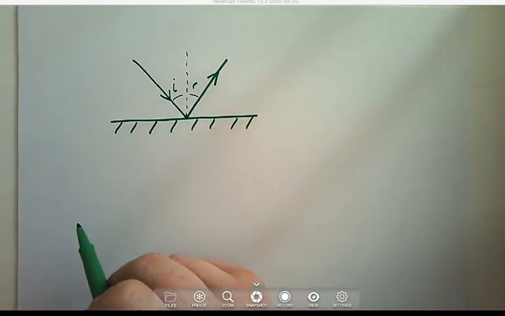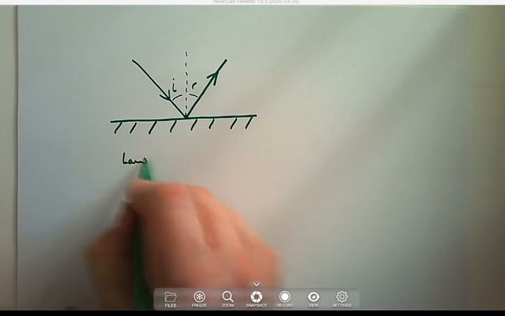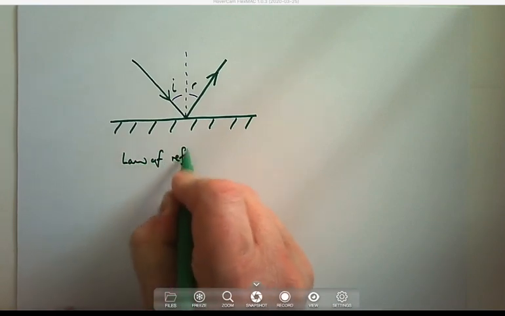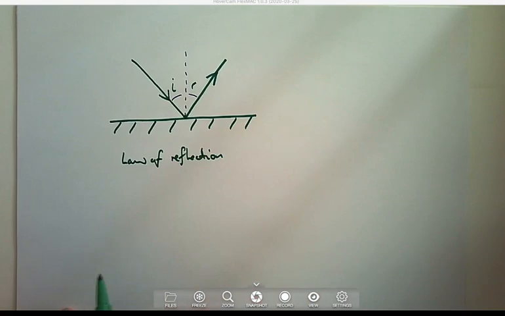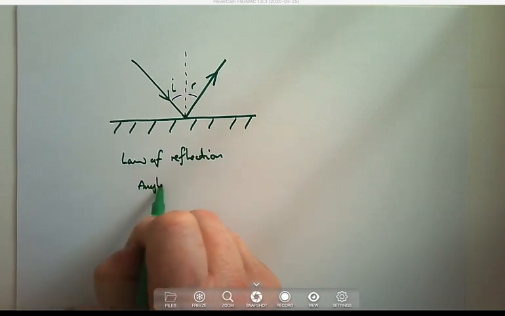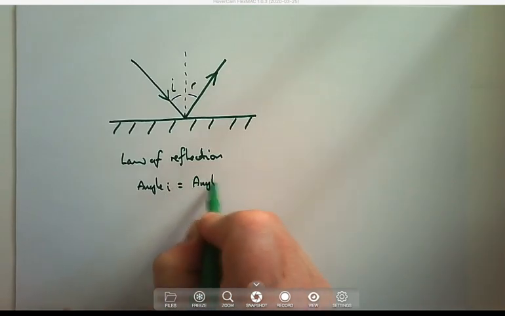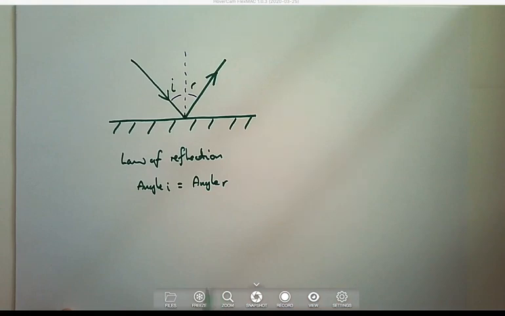Now, the law of reflection states that the angle I equals the angle R, the angle of reflection.